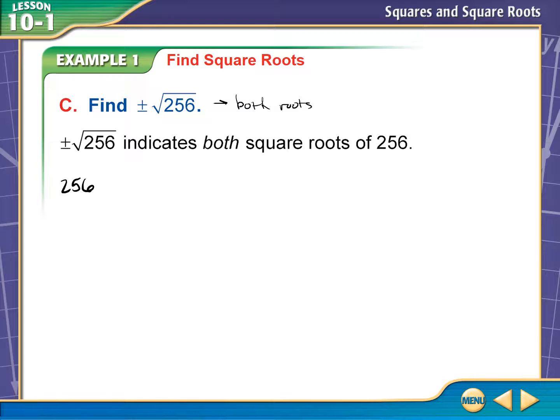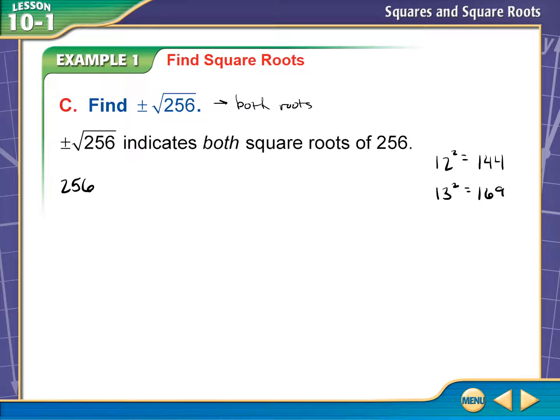Well, if you know your multiplication tables, usually we learn them up to, what, 12, right? I know 12 squared is 144. So then it's just a matter of doing the math beyond that and seeing what I get to 256. If I do 13 times 13, that gives me 169.